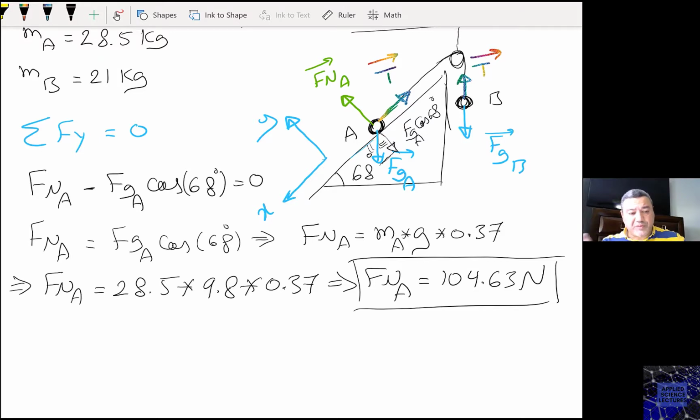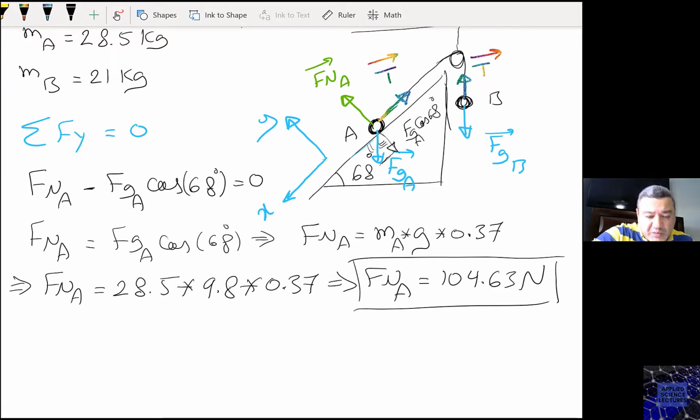So the projection of the tension on the y-axis is zero, and does not contribute to the FNA. If you think of rotating the graph such that this surface is horizontal, you will be able to see why the tension has no correlation whatsoever with the FNA, right? Take the projection based on the coordinates that we have picked. You will see that tension has zero projection on the y-axis. This is number one.